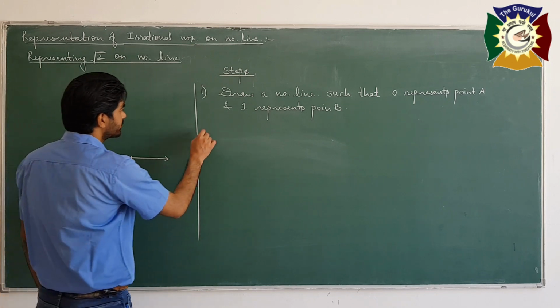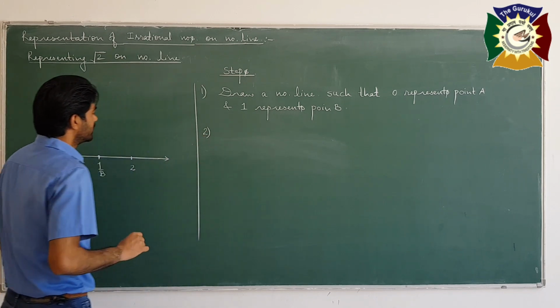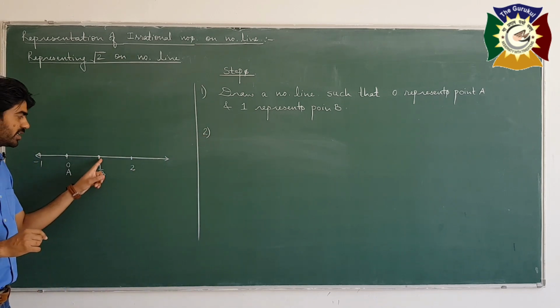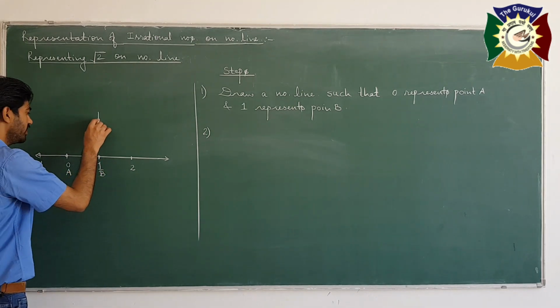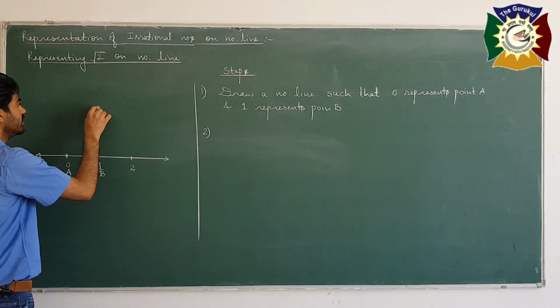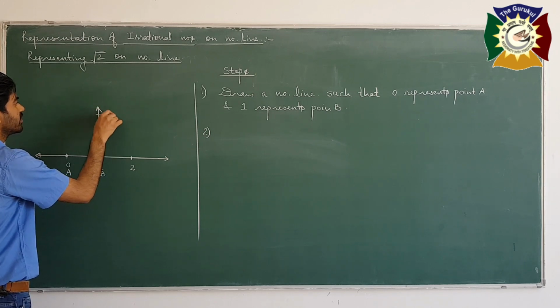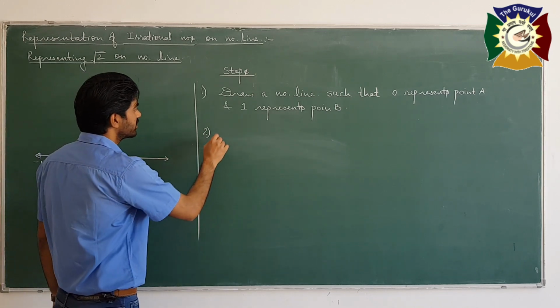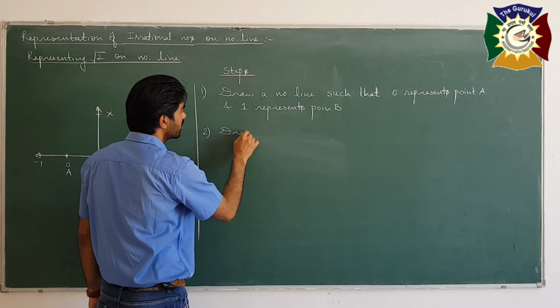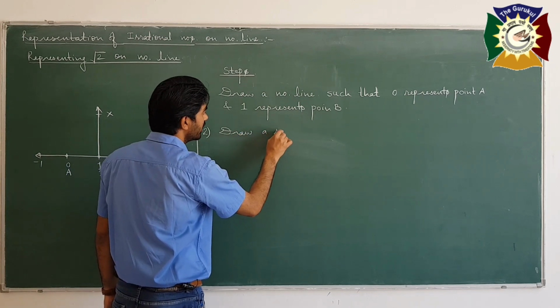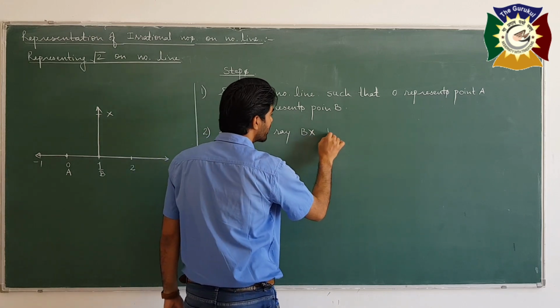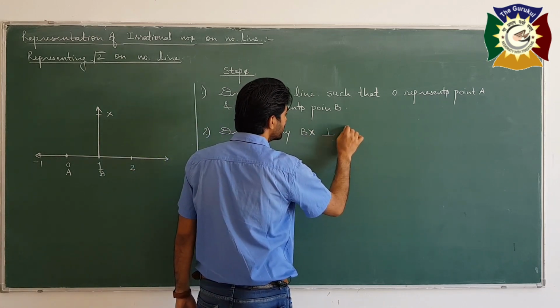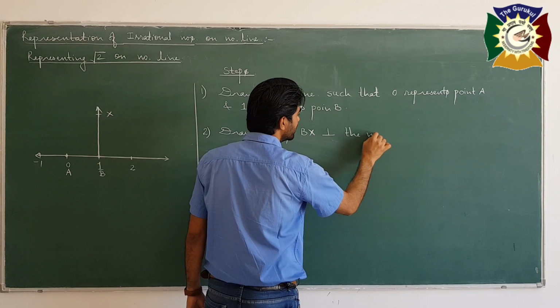Second step, I have to draw a ray at this point. Suppose I am drawing a ray BX. So draw a ray BX perpendicular to the number line.